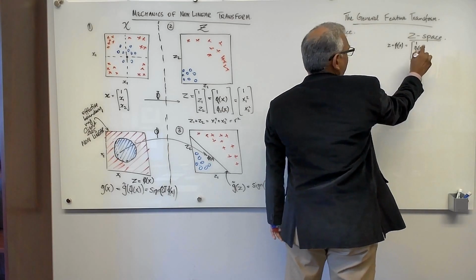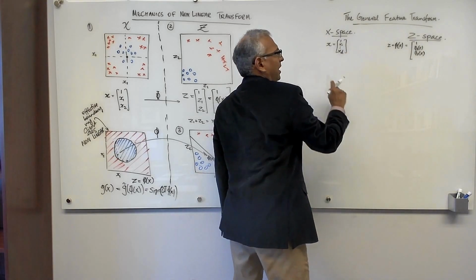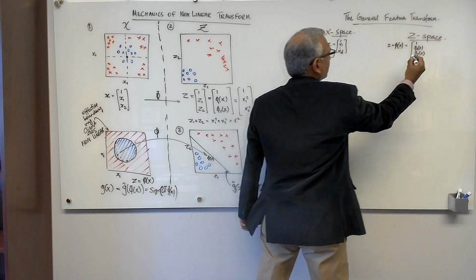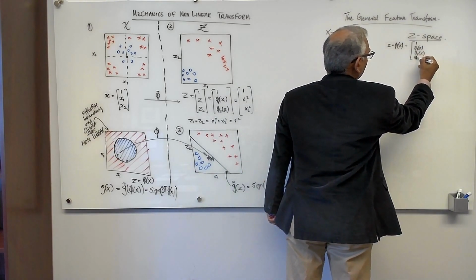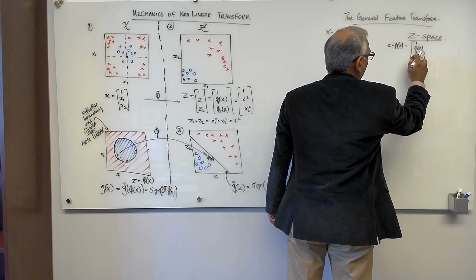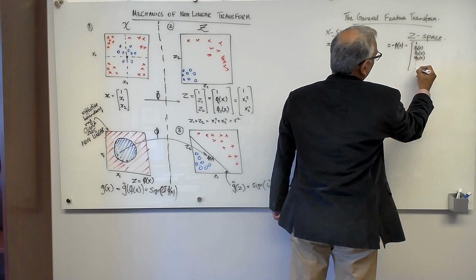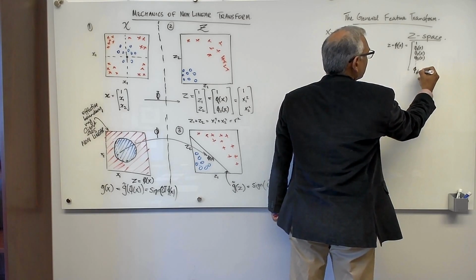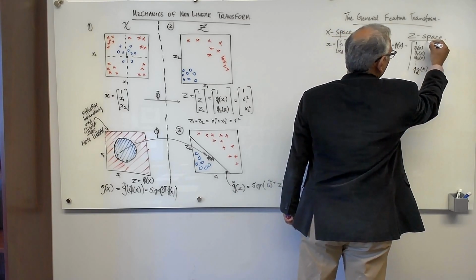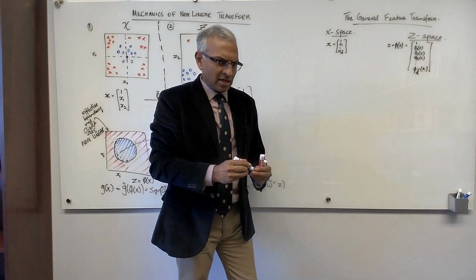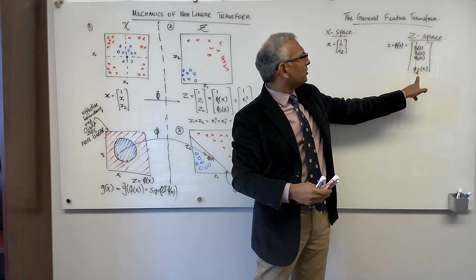This is the entire x. Phi 1 need not just depend on x1. It can depend on the entire x. And phi 3 of x, and so on. You can have any number of dimensions here, so we'll call the dimensions here phi d tilde of x. Let me just use the convention that if something is in the z space, I will put a tilde on it.